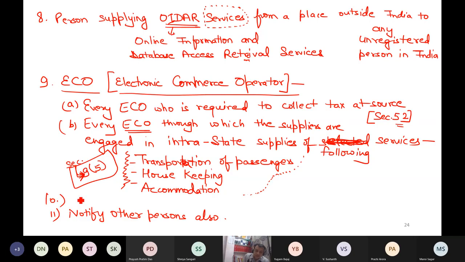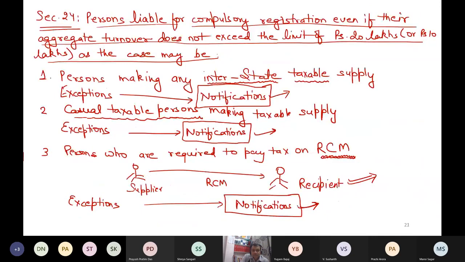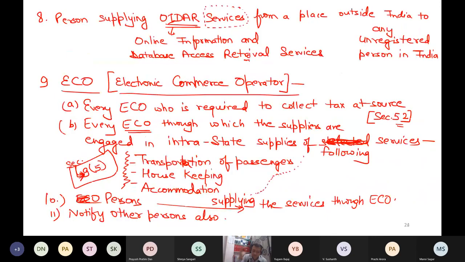And similarly, one more category of ECO, it is basically for those persons who are supplying the services through ECO. So this 10th point in detail I will discuss with you later on.